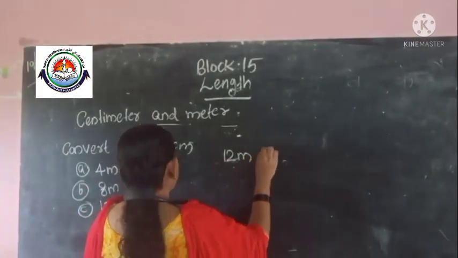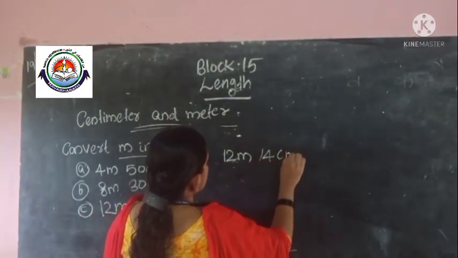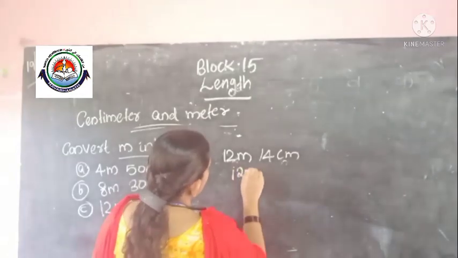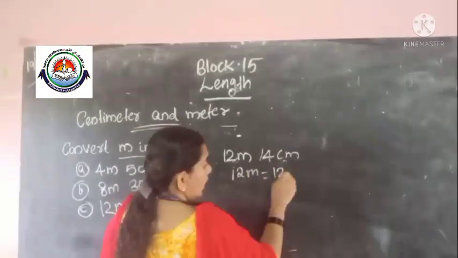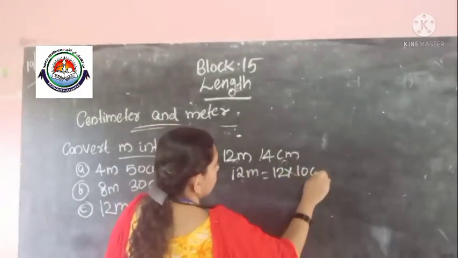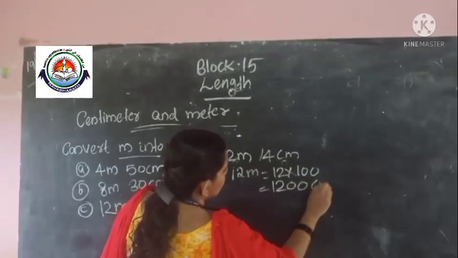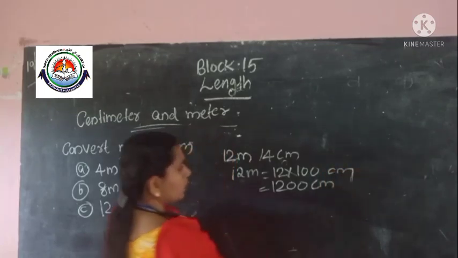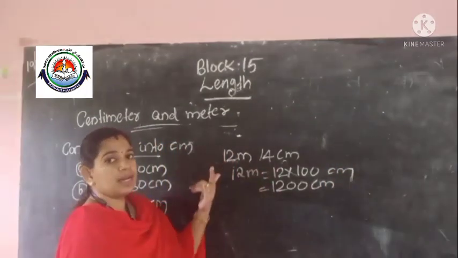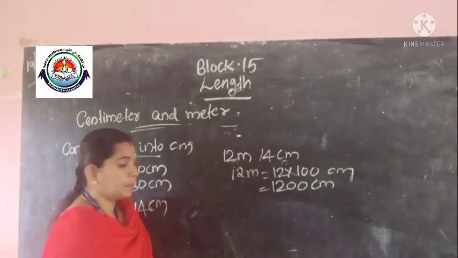Okay, next question, 12 meter and 14 centimeter. So just convert 12 meter. 12 into 100, 1200 centimeter. Don't forget to say the centimeter and meter. Okay.